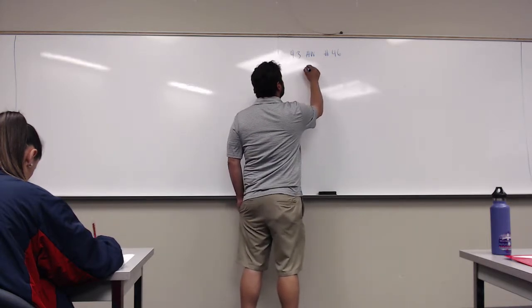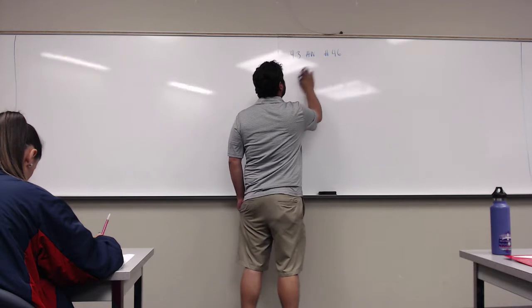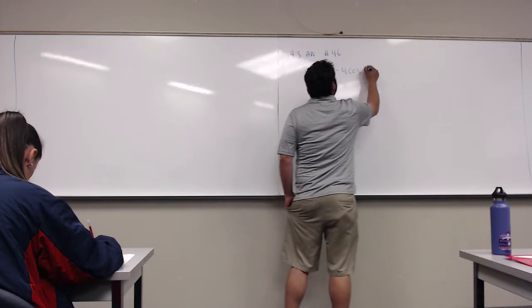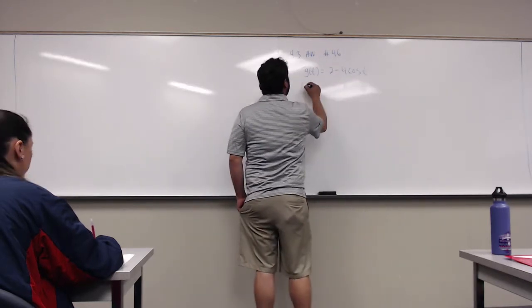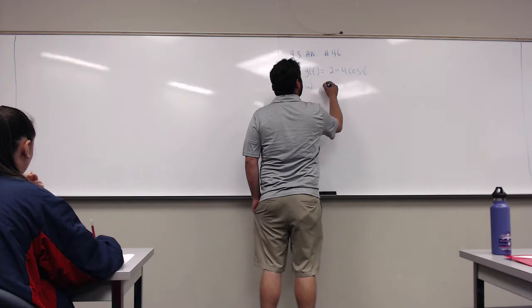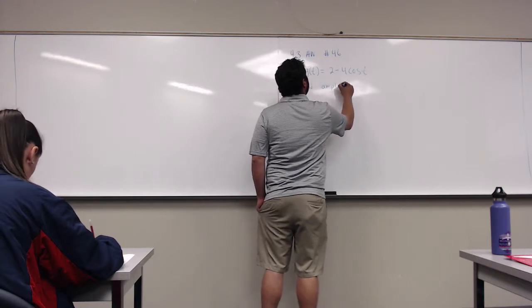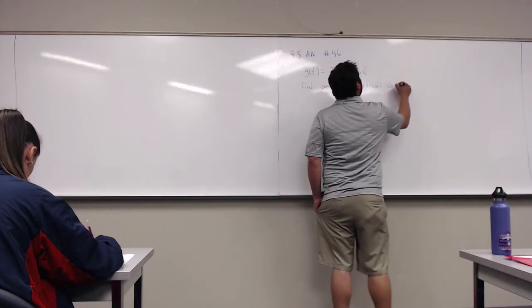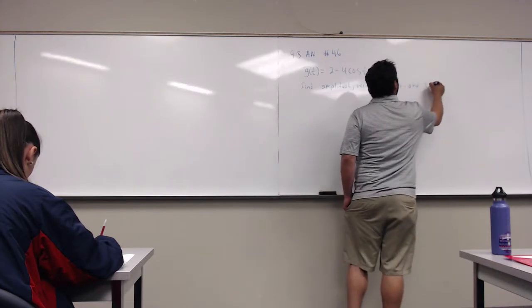The function is g of t equals 2 minus 4 cosine t. Okay, and it says to find the amplitude, vertical shift, and sketch a graph.